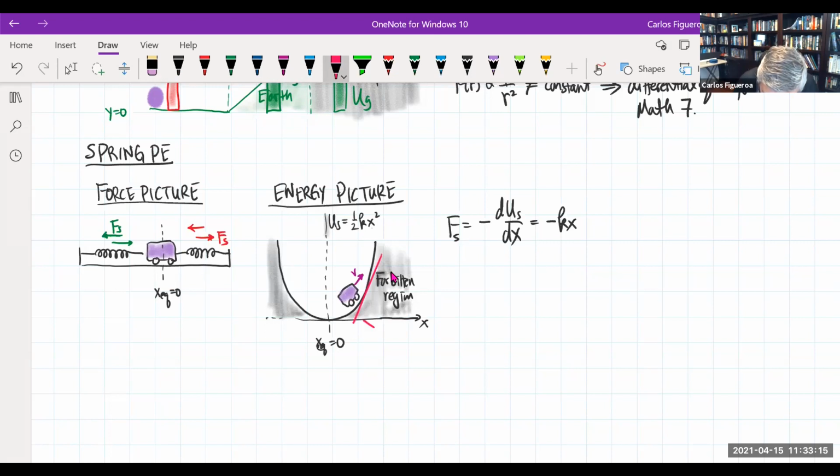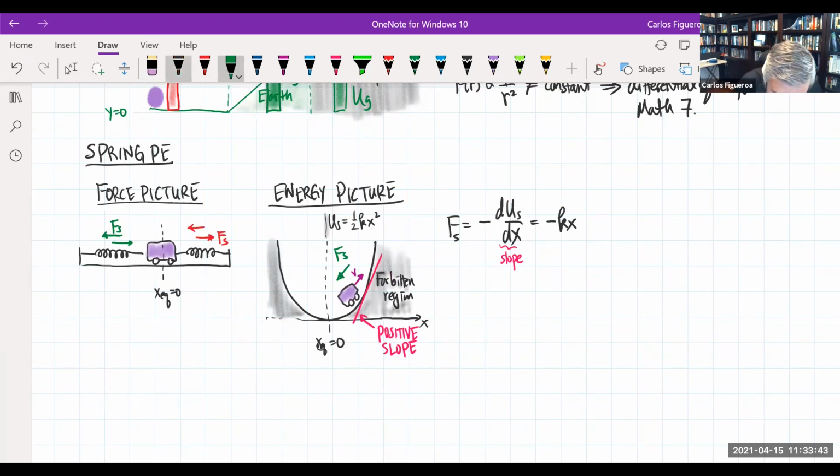Since the slope is positive, the force is then in the negative x direction. That implies that there's going to be a spring force in that direction. It's in the opposite direction of the velocity.